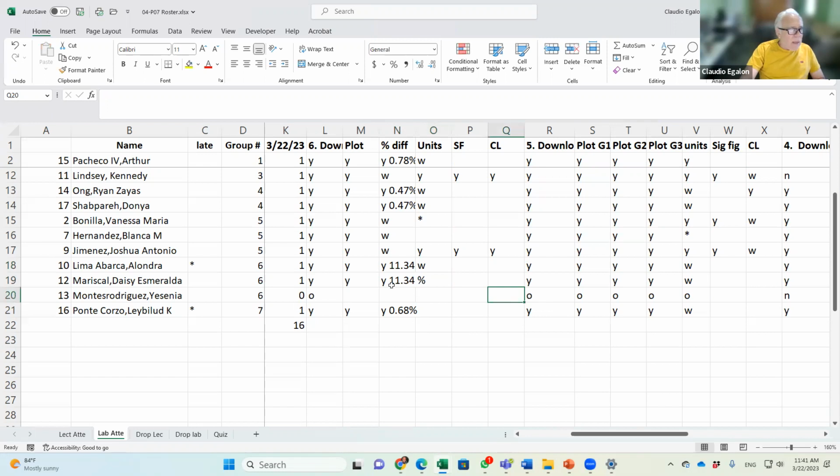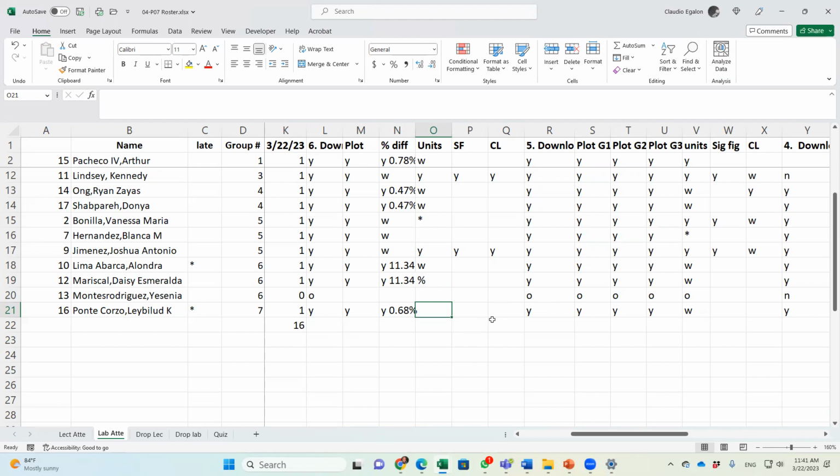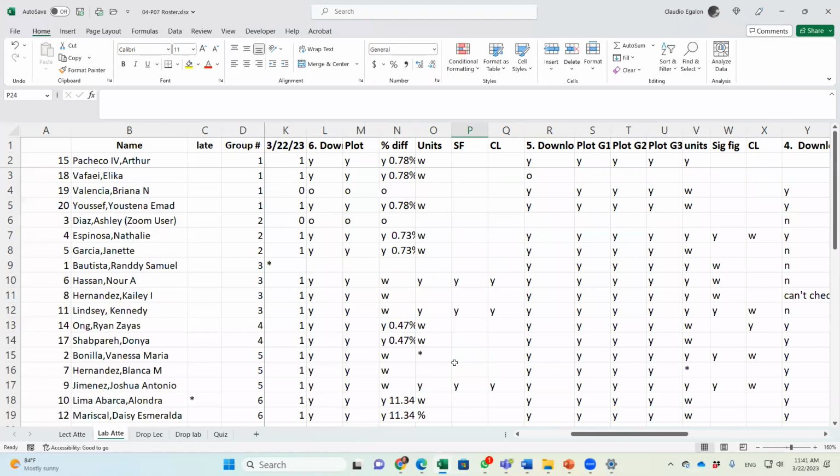Good. And the last one here, Labelud. Did you do the units? I'm working on the units. Okay, good. So we have another 20 minutes to finish all of that, right?